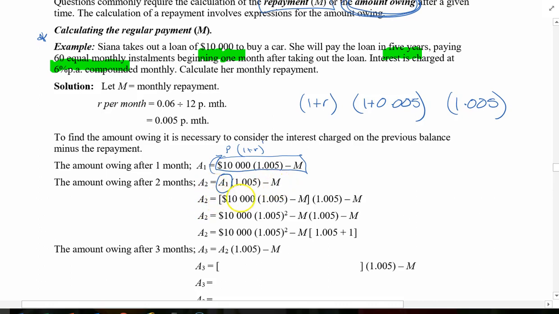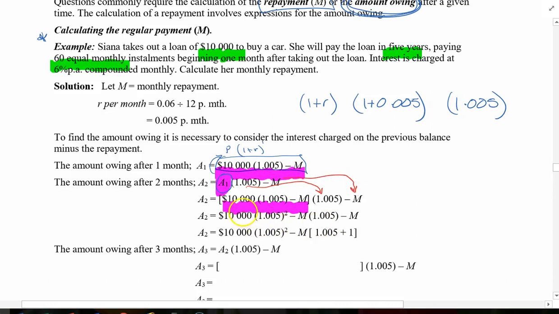So we're saying A2. We need to replace this A1 with this expression, which you can see is happening here. If I underline this, then you can see that exact same thing written here, because it's just replacing this A1. And so we've still kept the 105 from there and the minus M.